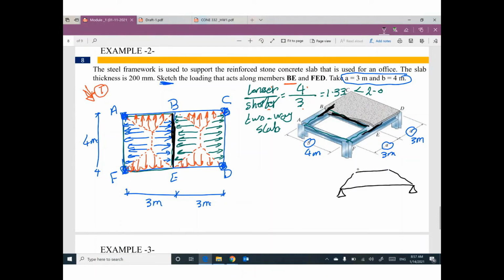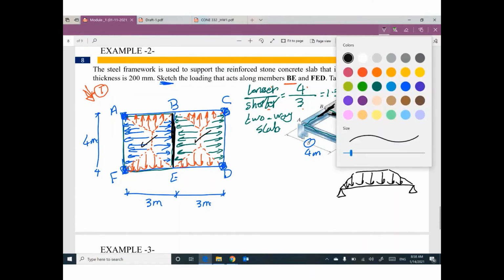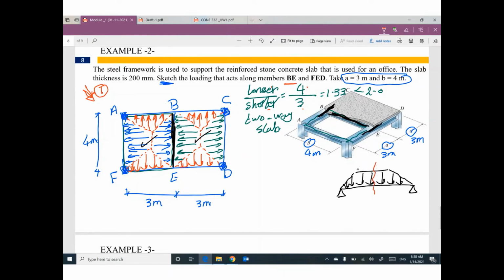One from left, from this slab, and one from right, from this slab. So this load will represent a force like this. This force will give you a reaction on this support and a reaction on this support. This beam can be called BE.